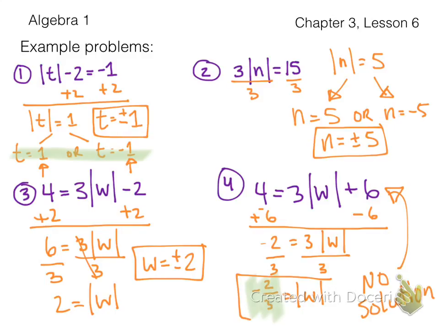Once you get absolute value equaling a negative, unless you did it mentally, you wouldn't be able to know right off the bat. Well, maybe once you got to that step, you would know. But once you get a straight absolute value with nothing on the outside, equaling a negative number, you've got a problem, and the problem is that there's no solution.